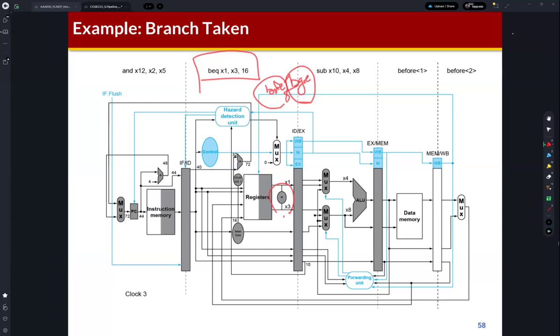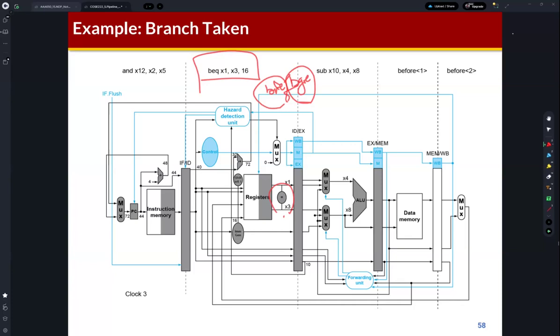So this solution can only be applied to BEQ and BNE, right?